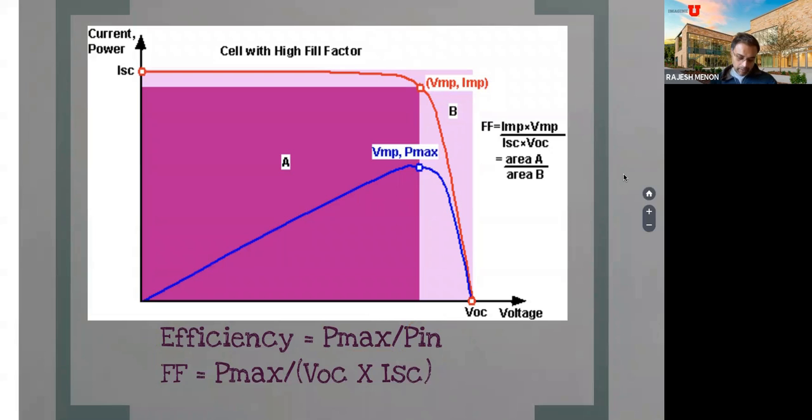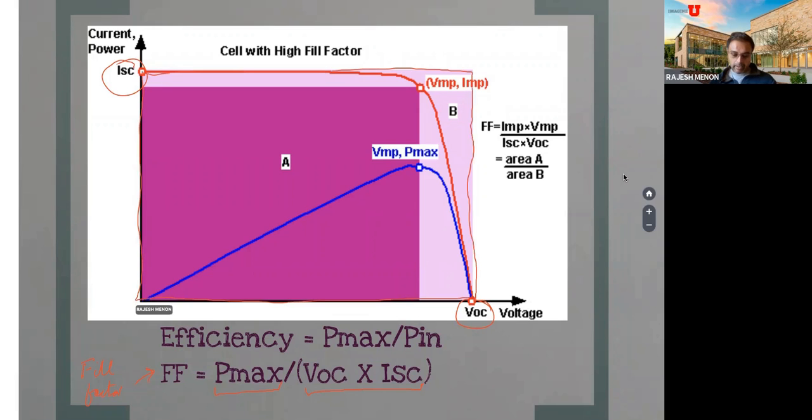Now, there's another term here called FF, and it stands for fill factor. This is simply the ratio of the maximum power that you can get out of the solar cell divided by the product of open circuit voltage and short circuit current. This multiplied by that is simply the area of this big rectangle.